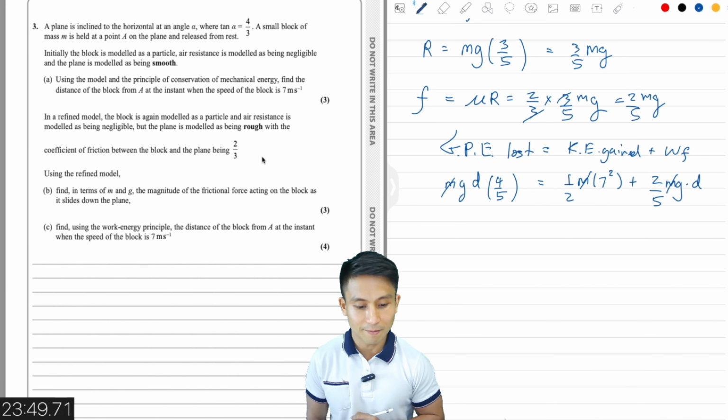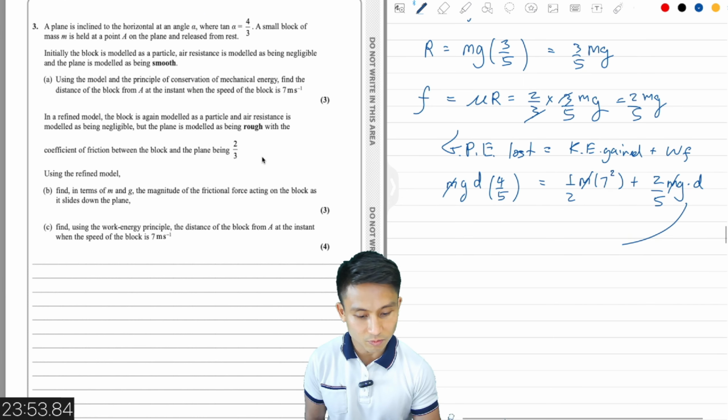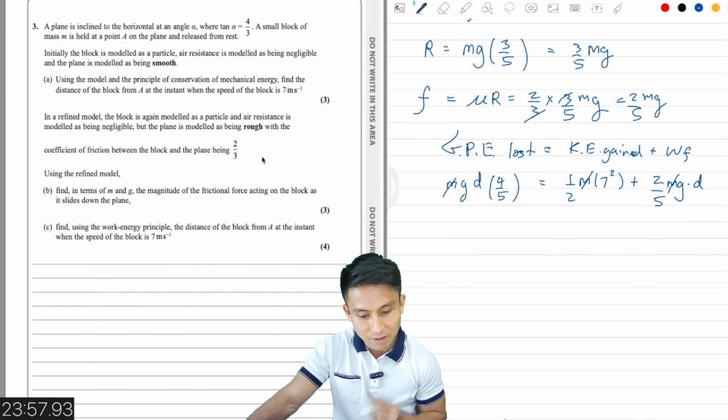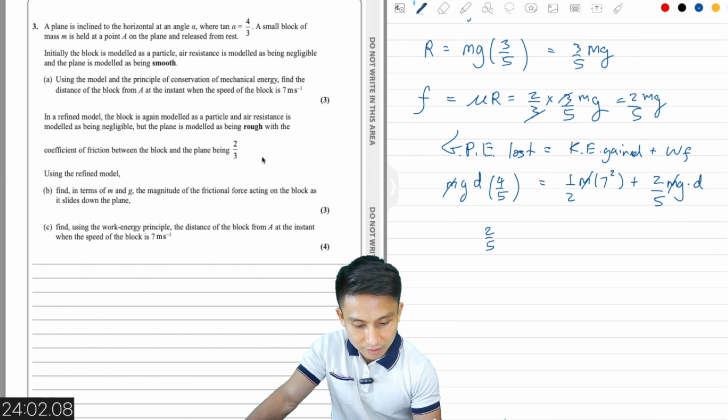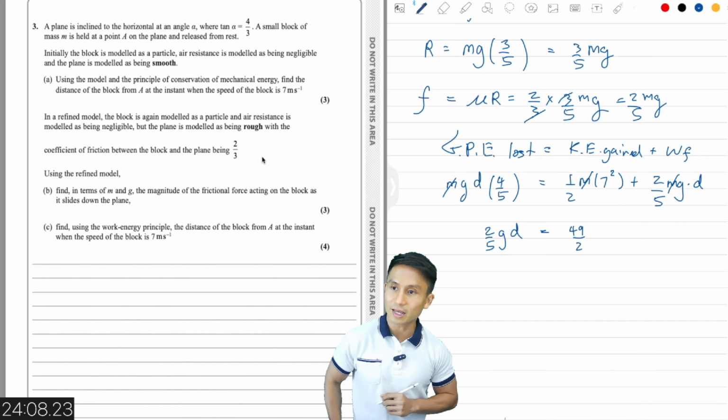Okay, and let's gather the term d on the left side. So if you move this to subtract that, we would get 4 over 5 gd minus 2 over 5 gd. So that's just 2 over 5 gd, right? Equals 49 over 2 on the right hand side, because it's just kinetic energy.